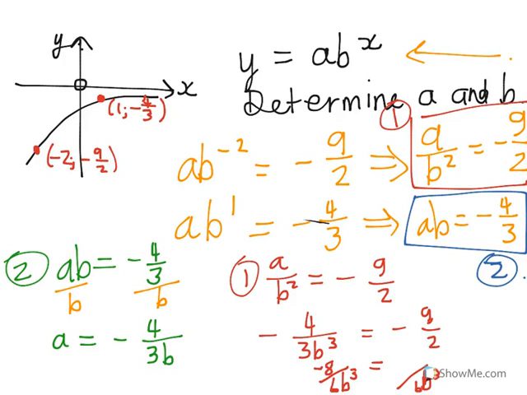And on this side, to go from this to 6b cubed, I need to multiply by 3b cubed, so I'm going to have -27b cubed. Now that my denominators are the same, I can just look at my numerator. So -8 is equal to -27b cubed.